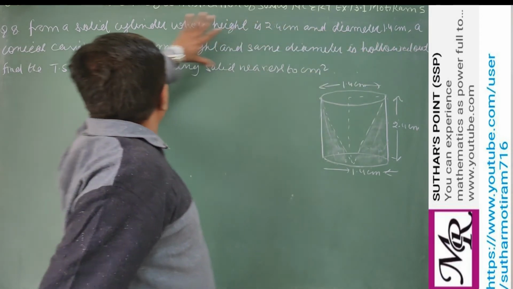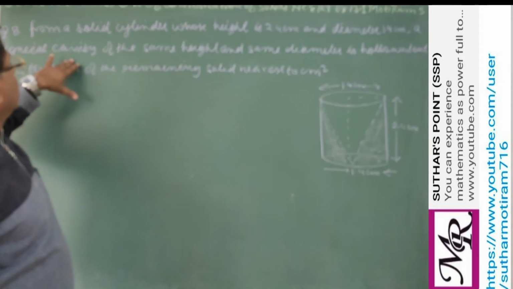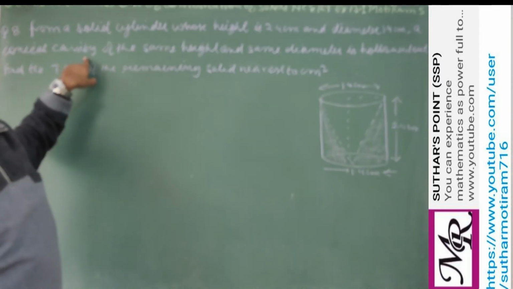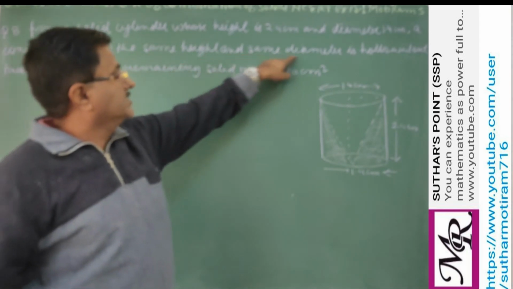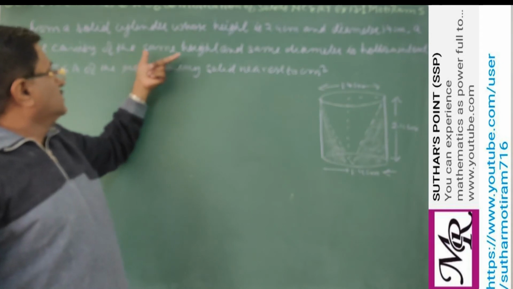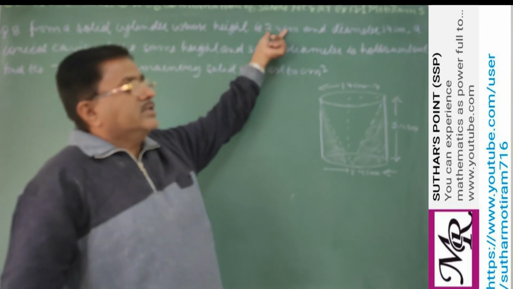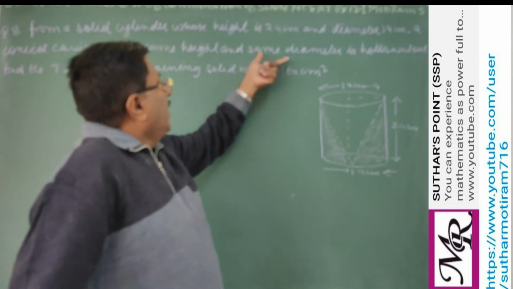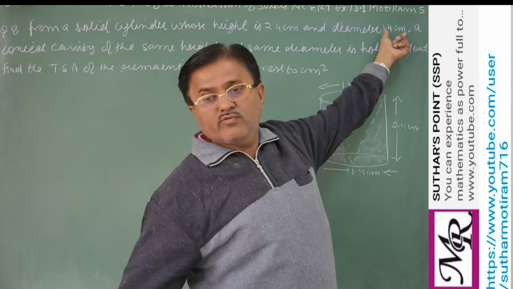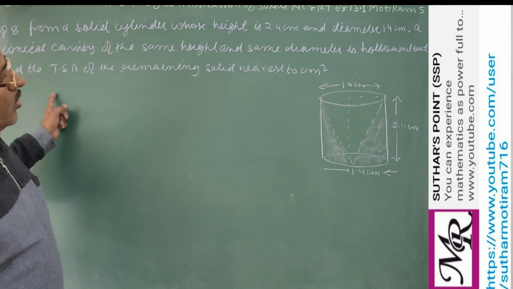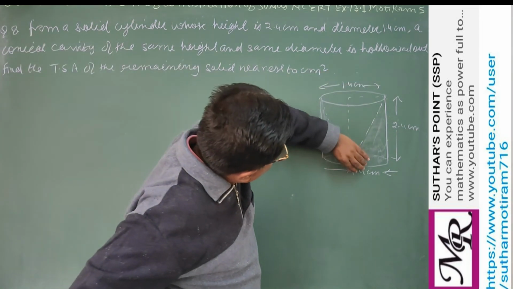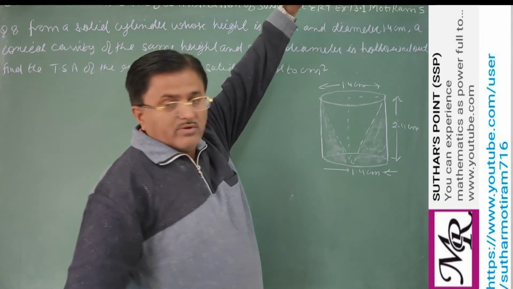A conical cavity, which is a cavity in the form of a cone, of the same height and same diameter. So the height will be the same as the cylinder, 2.4, and the diameter is the same, 1.4. So a conical cavity is hollowed out.